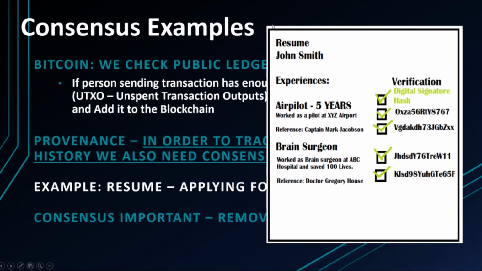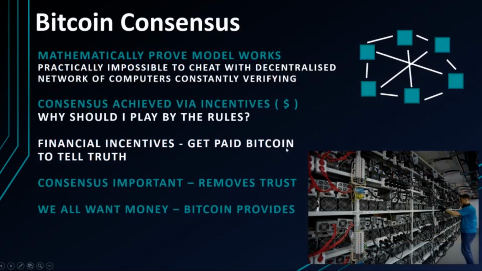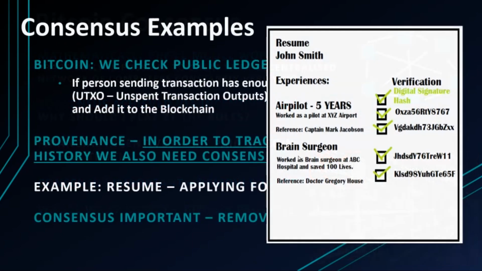It has John Smith's experiences here. He says he was an air pilot for 5 years, worked as a pilot at XYZ airport, reference Captain Mark Jacobson. And then it also says he was a brain surgeon, worked as a brain surgeon at ABC Hospital and saved 100 lives, reference Dr. Gregory House.